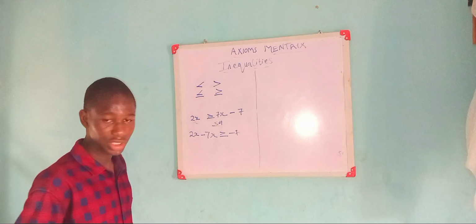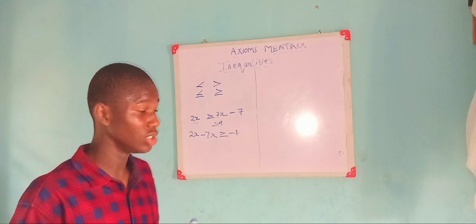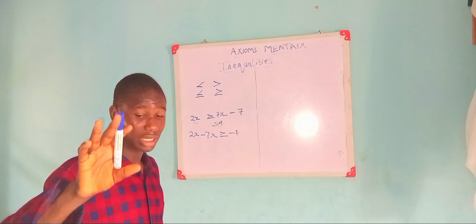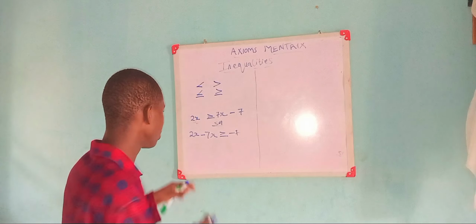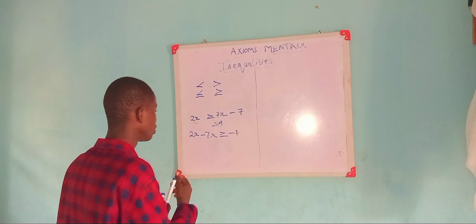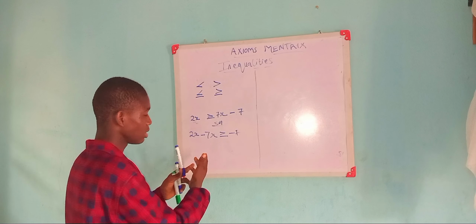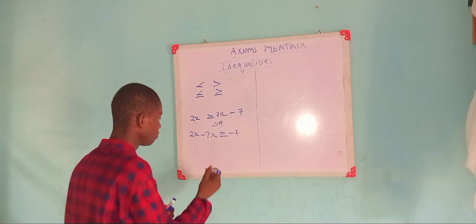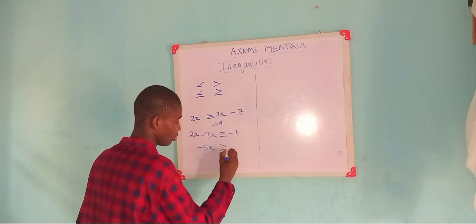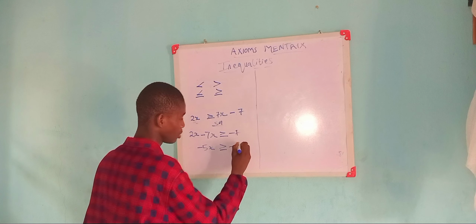One of the reasons why I gave a question of this sort is because I want to explain something very critical to you. When you look at this, I have plus 2x minus 7x, which is going to give me minus 5x, which is then greater than or equals to minus 7.